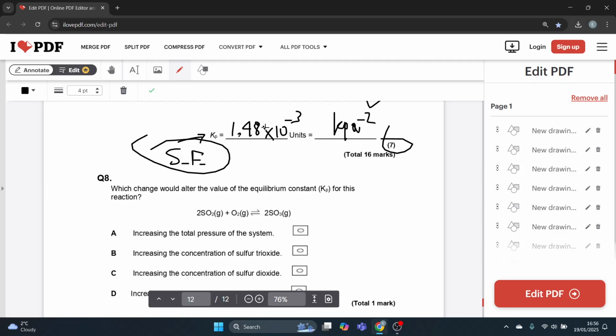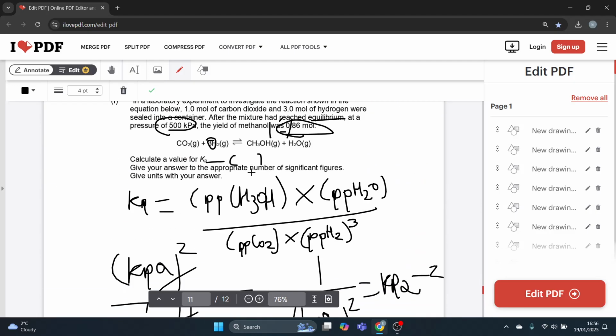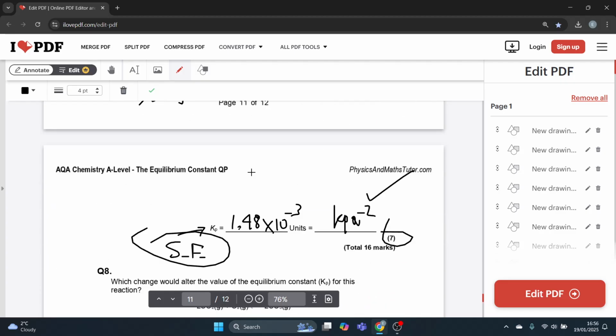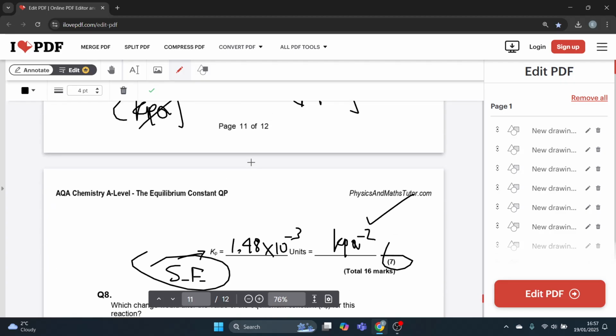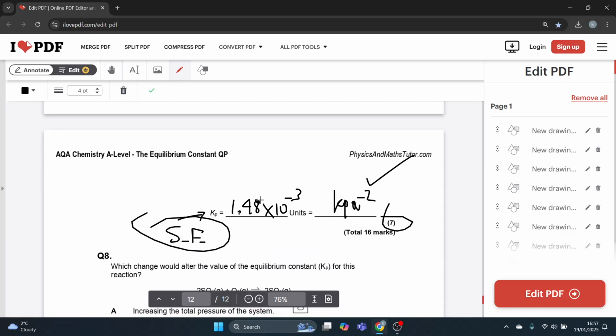It tells me in the question. So I would have lost a mark because it wants it to 2 significant figures. So the answer was 1.483, and then I give it to 2 significant figures, 1.5 times by 10 to the power minus 3. But not bad. So 6 out of 7 marks.